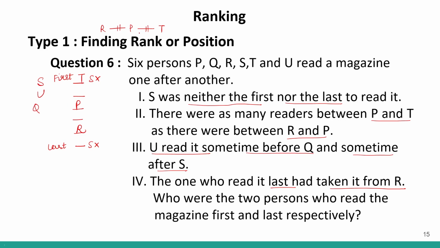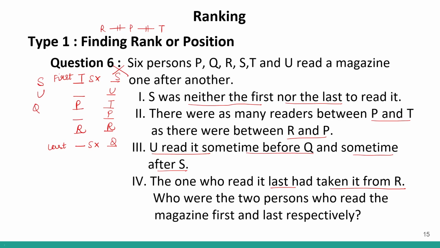Because we had an equal number of people between R and P, and between P and T. If my R is over here and I put my P and T like this, then I would have to put S, U and Q like this. But S cannot come into this place, therefore this is the wrong arrangement. So R will come over here, P will come over here and T will come over here.